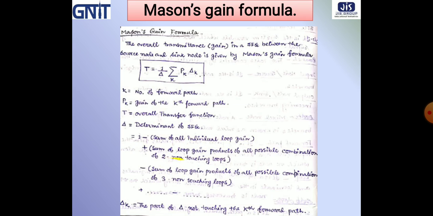Now the sum of the loop gain products of all possible combinations of two non-touching loops. We have to check first whether any non-touching loop is present or not. If there is no non-touching loop, then all these terms will be 0.